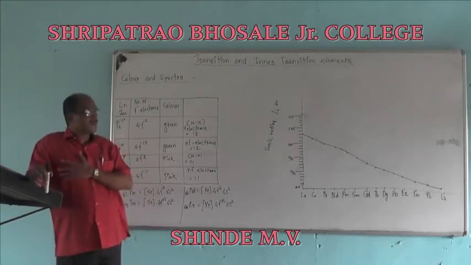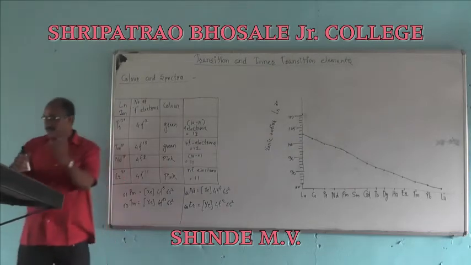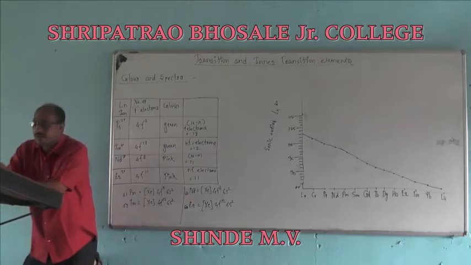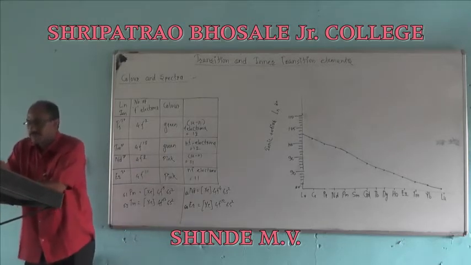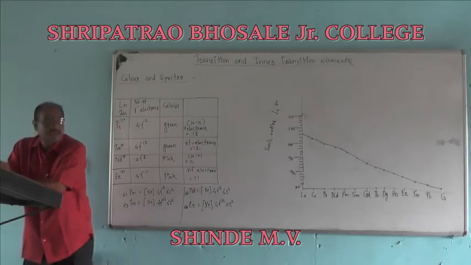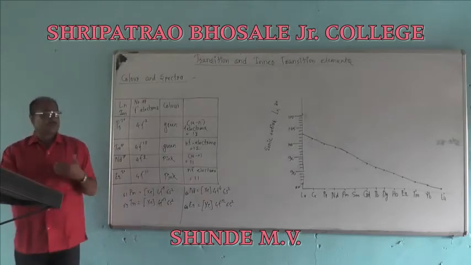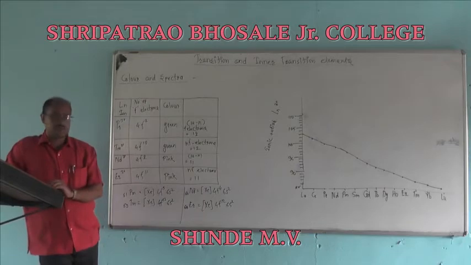So the next point is color and spectra. The lanthanoids which have vacant f orbitals in their stable ionic forms show coloration, as you all know about the f-f transition of electrons.